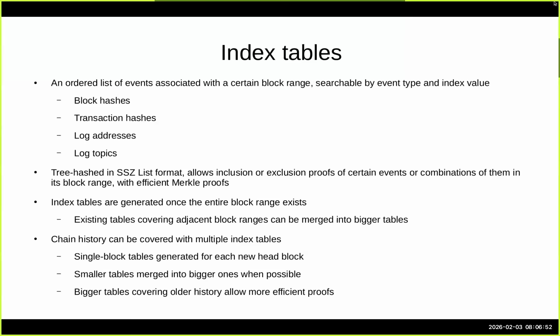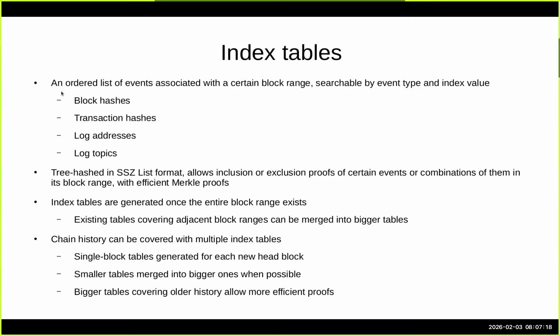Okay, so now I've figured out the details of this new thing I want to propose, and I think I managed to make it even simpler. The basic structure that I want to show, I just call index tables.